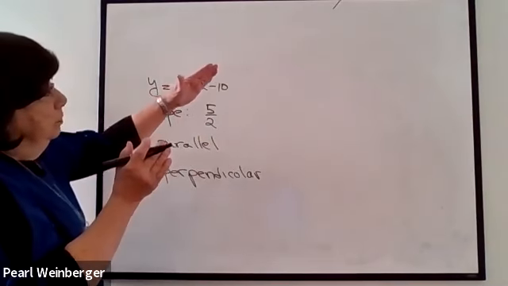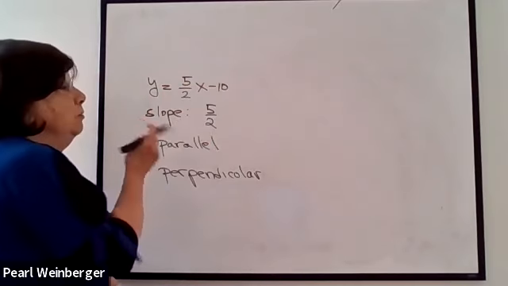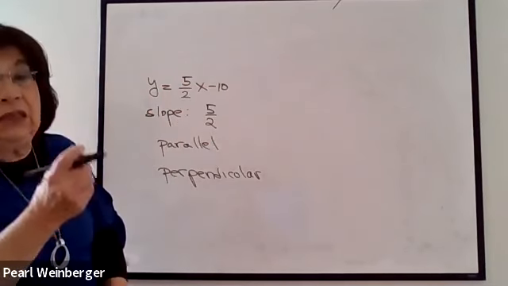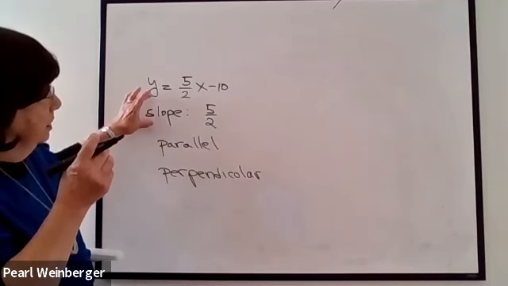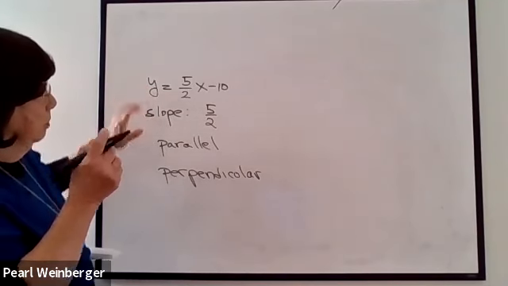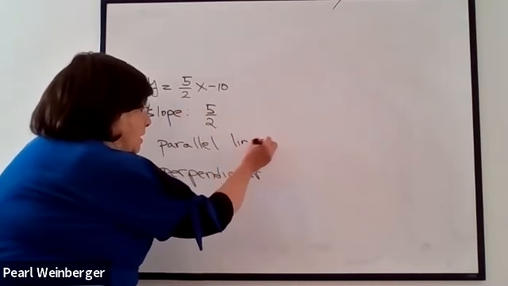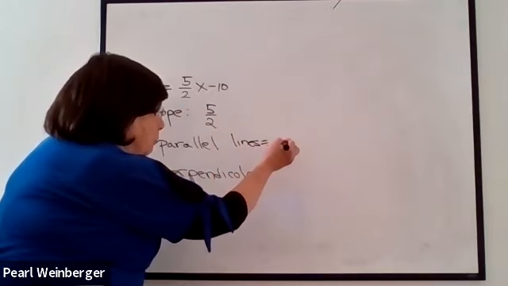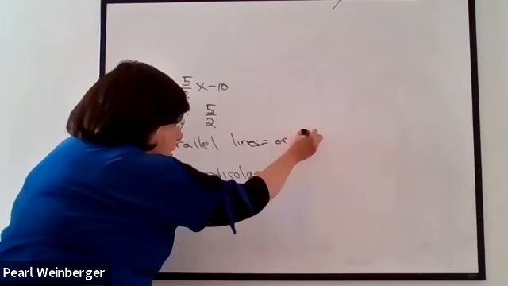Which means that if one is slanted like this, the other one has to be slanted the exact same amount. And we can tell the slant from basically the slope. So parallel lines have the same slope.